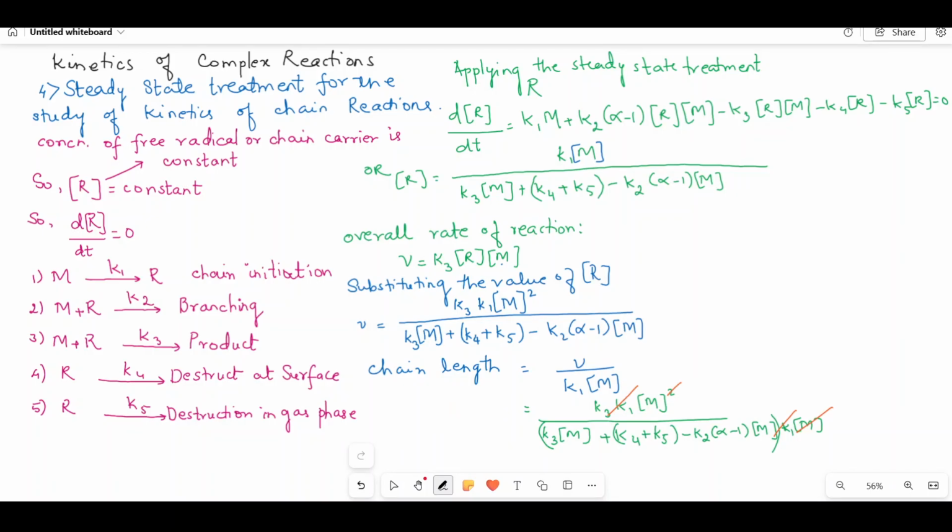So what we are left with is K3 M divided by K3 concentration of M plus K4 plus K5 minus K2 alpha minus 1 M.